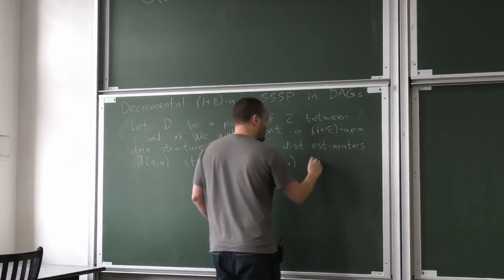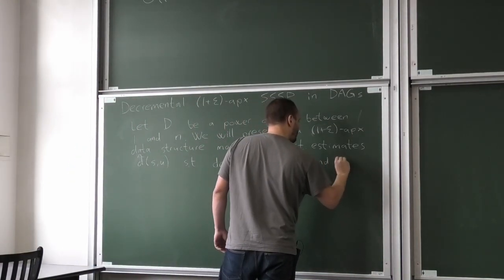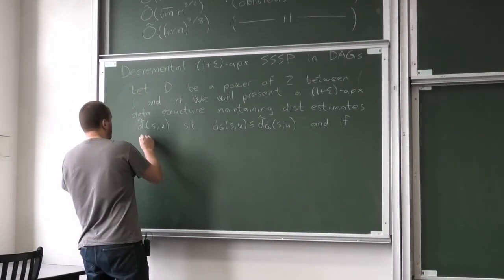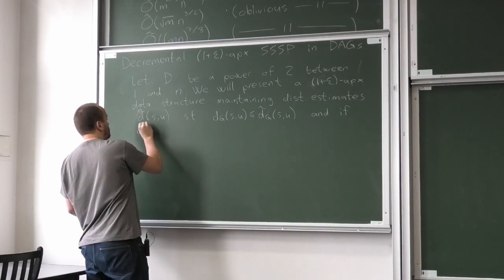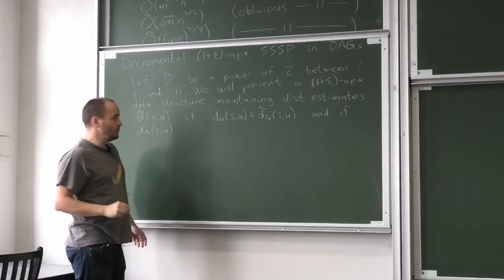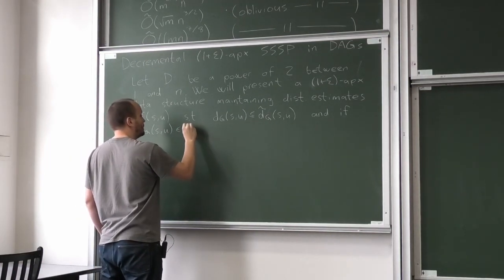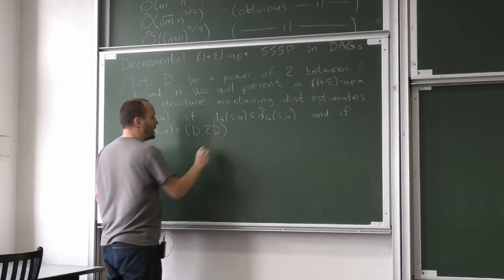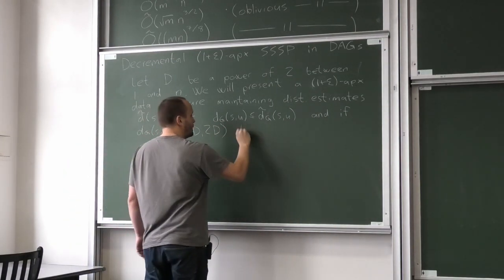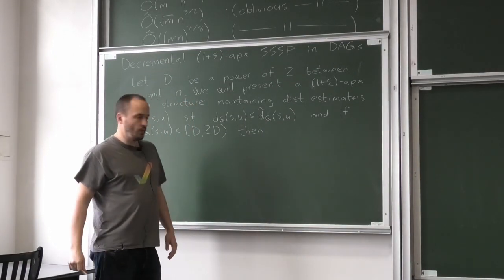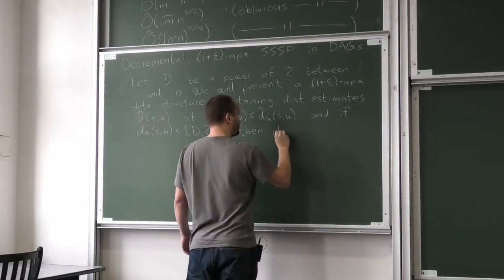And if the true distance from S to U is in this range here, this half open interval, then it should not overestimate by more than a 1 plus epsilon factor.